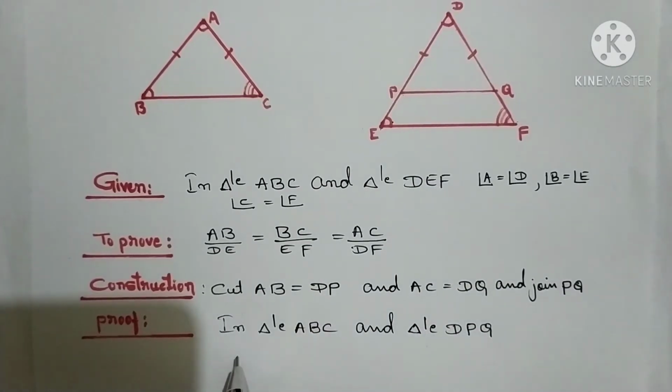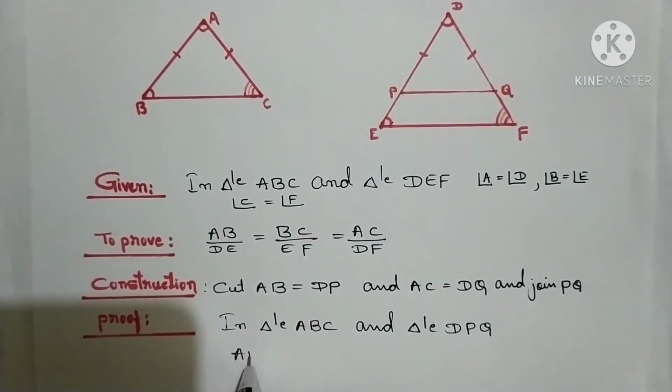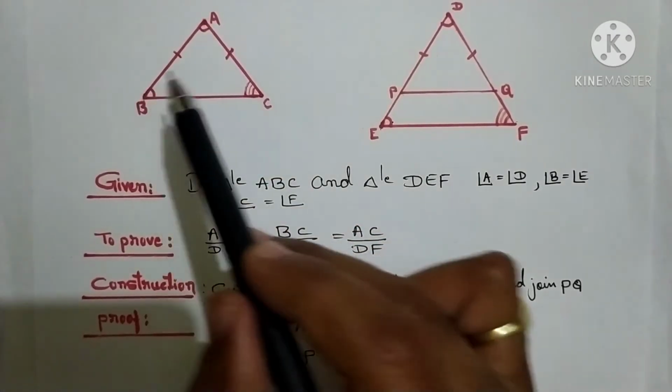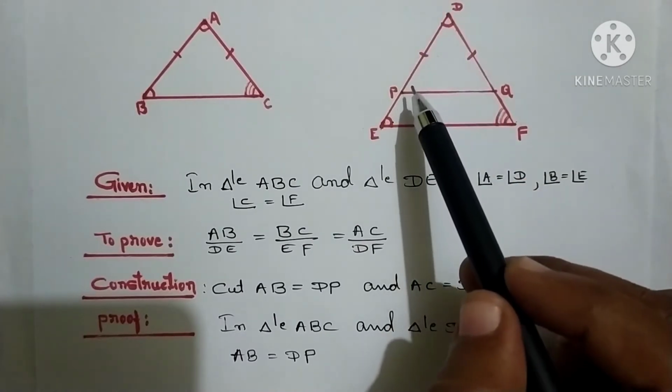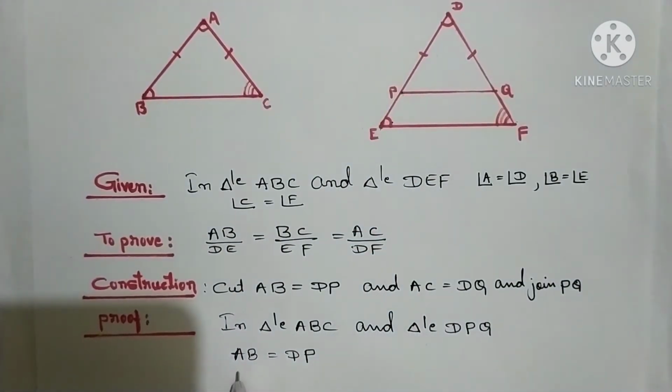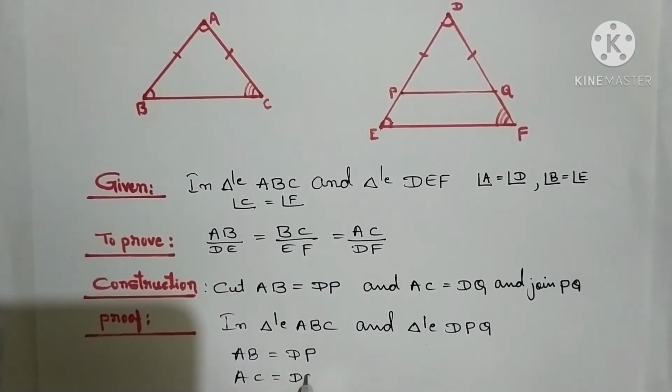Then AB is equal to DP. This is by construction. Next, AC is equal to DQ.